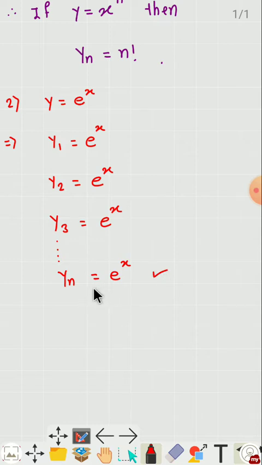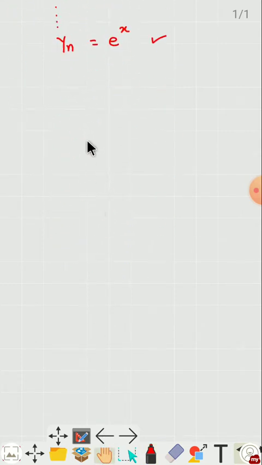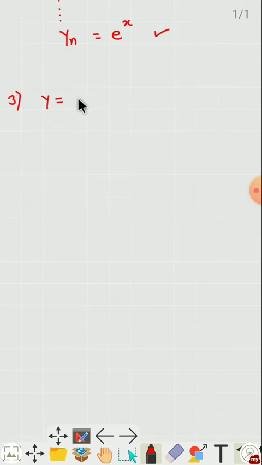Now let us find the nth order derivative of the next standard function. The third standard function is y equal to e raised to the power minus mx.